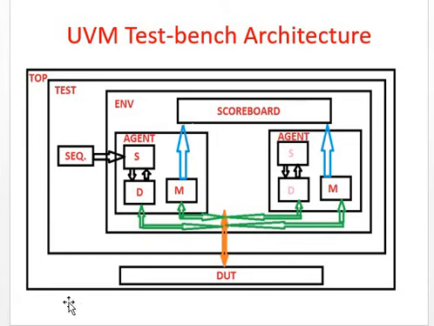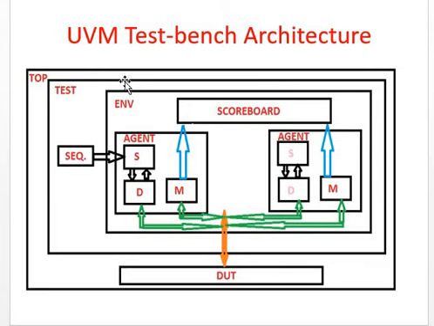It is a layered structure which is written in a hierarchical way. First of all, test will be created, then environment will be created, then only we can use the environment. And after environment, we have to create the agents, the driver, the monitor, the scoreboard.